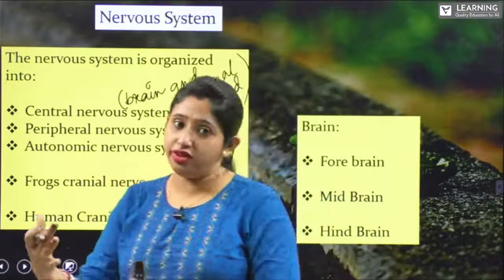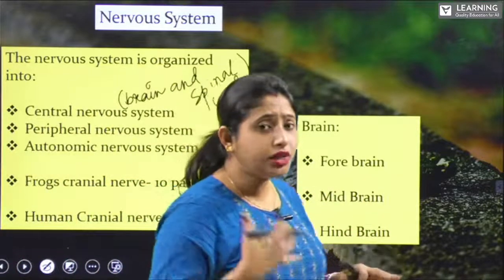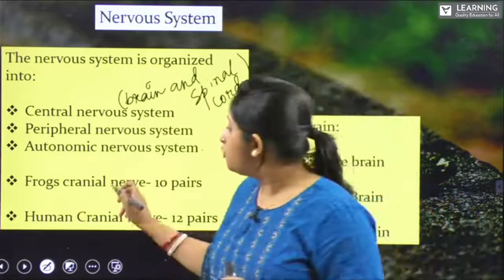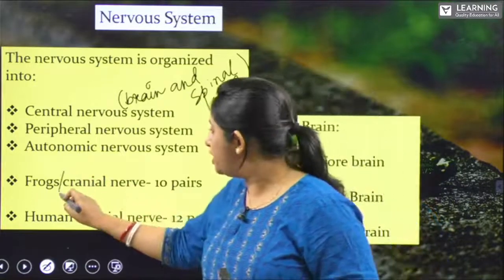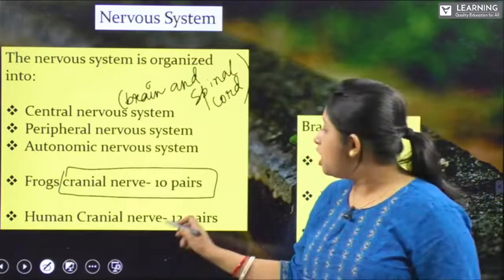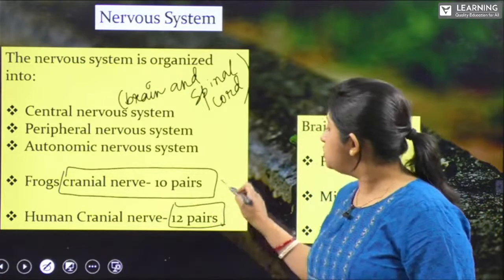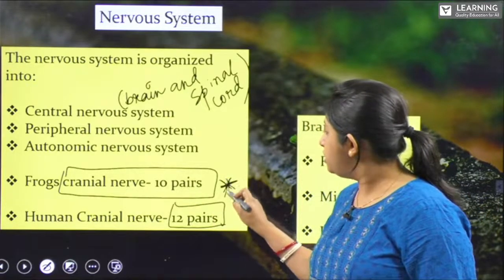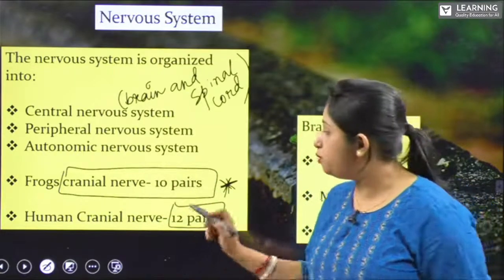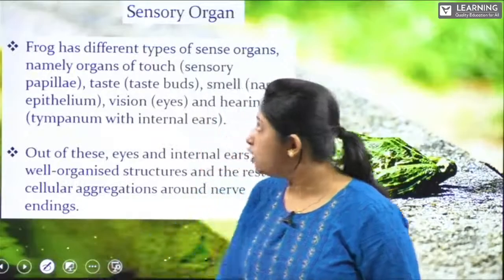The nervous system is the same, but the difference is that in frogs the cranial nerves are 10 pairs, whereas in human beings the cranial nerves are 12 pairs. So this is important. This is the nervous system which the frog has.